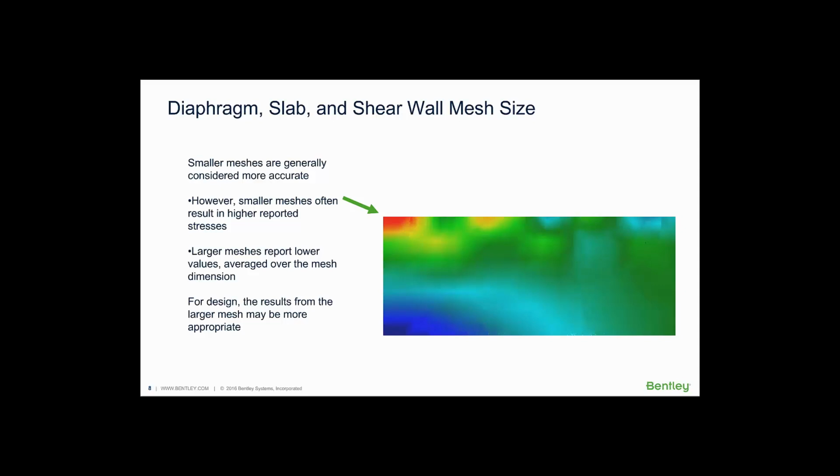And if I just look at a single very small mesh and I look at the shear for that mesh, that might indicate that this slab is incapable of handling that mesh. But the reality is that the concrete is sharing that stress over a larger distance than that very small mesh.